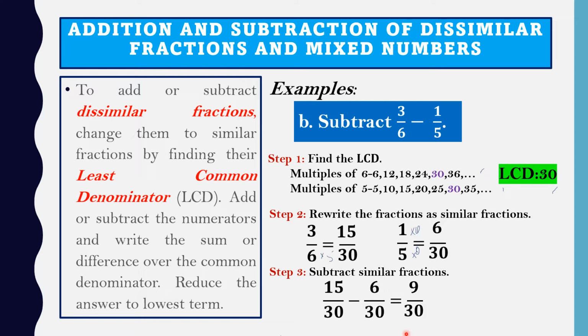And of course, 9 and 30 have a common factor, which is 3, so we can divide them both by 3. 9 divided by 3 is equal to 3, and 30 divided by 3 is equal to 10. So this is equal to 3 over 10. That is the final answer to this example.